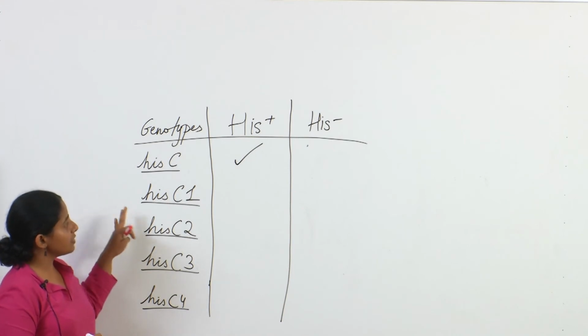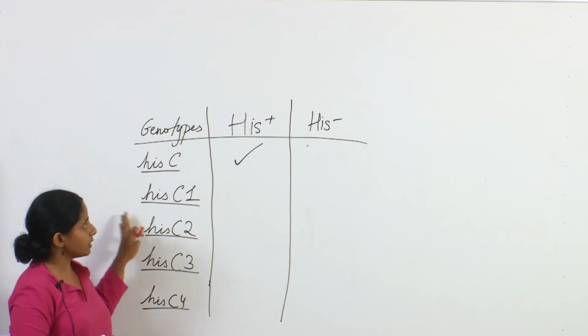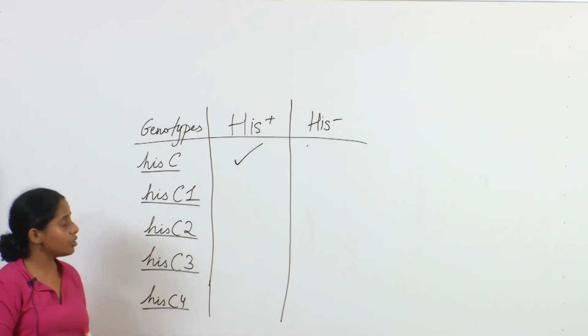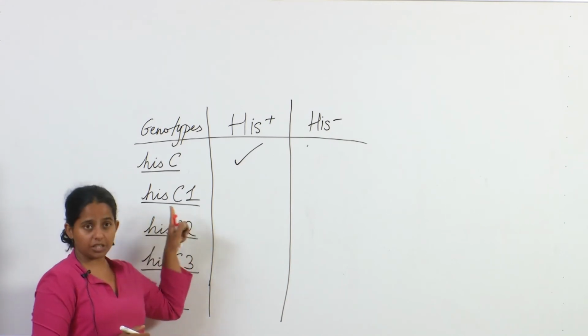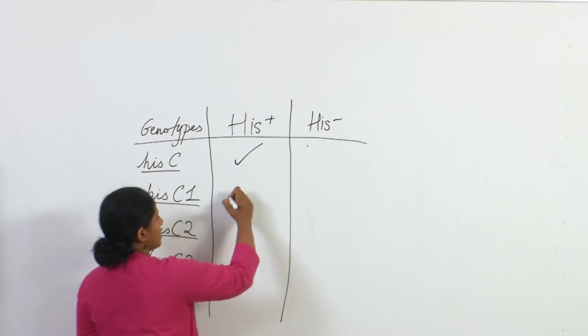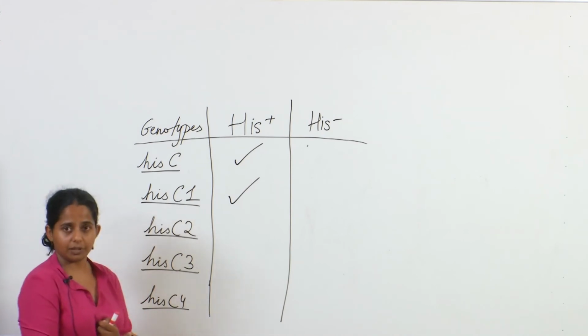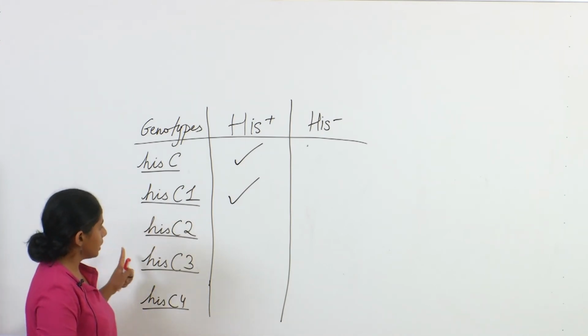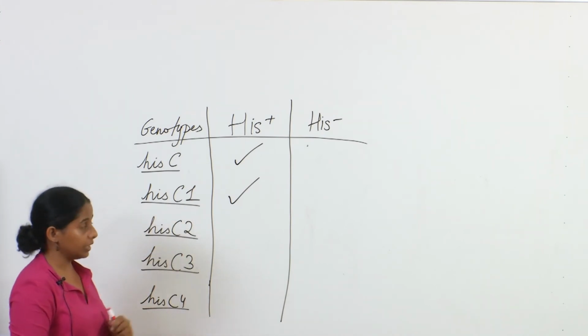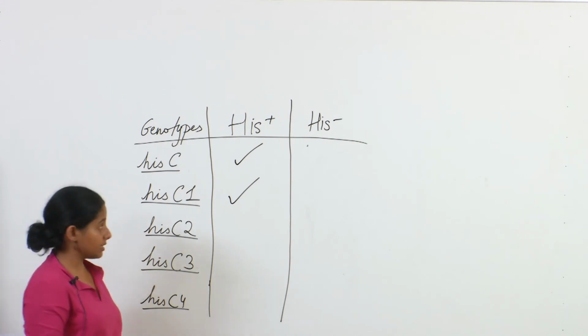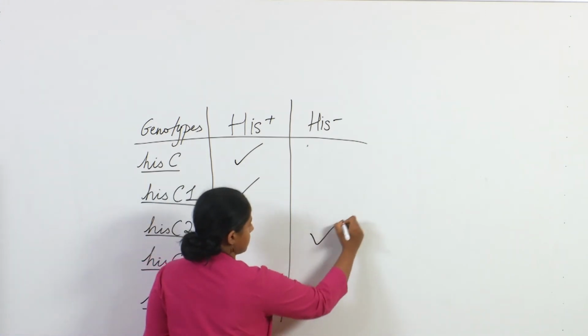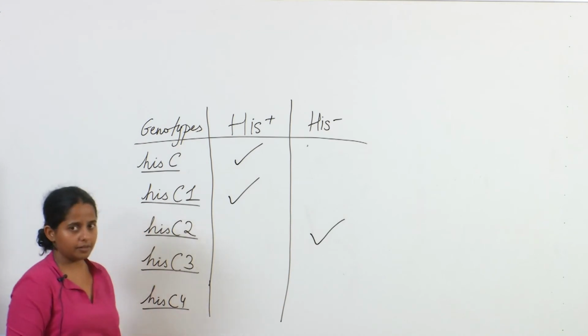Now, after I have introduced one mutation, it is possible that it can still metabolize histidine. So, let us say even despite a mutation in the hisC gene, it can still metabolize histidine, and then when I do another mutation, hisC2, it can no longer metabolize histidine, and thus it is HIS minus. Clear?